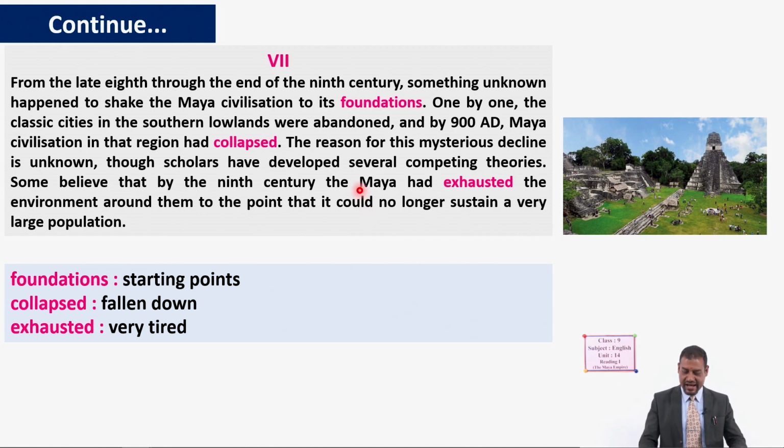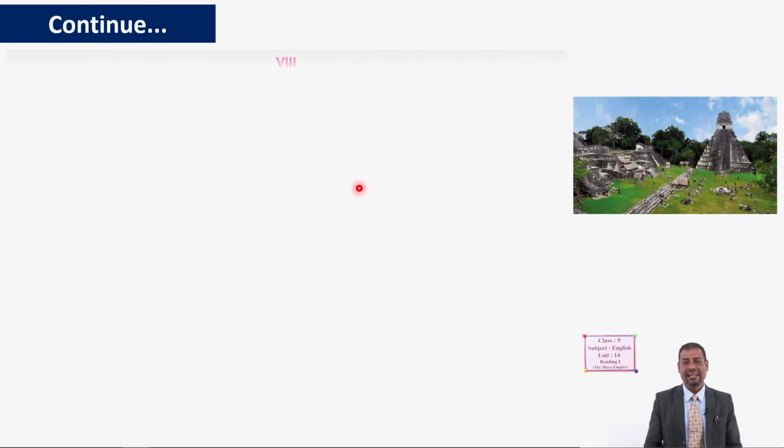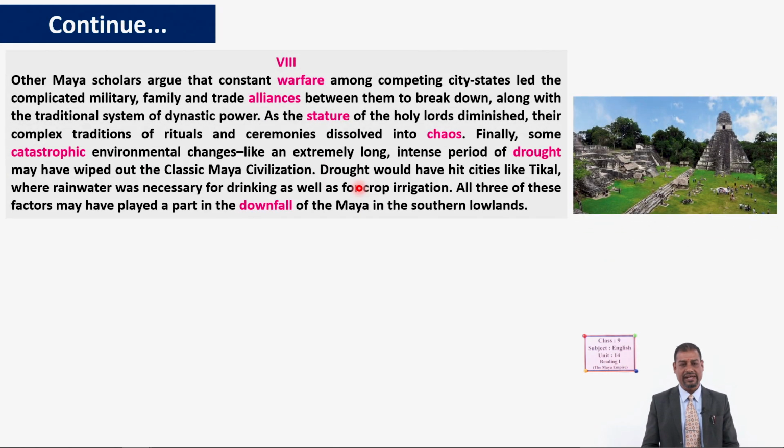So now we are in the last paragraph of this text. So without any delay, let's read it with me. The Maya scholars argue that constant warfare among competing city-states led the complicated military, family and trade alliances between them to break down, along with the traditional system of dynastic power. As the stature of the holy lords diminished, their complex traditions of rituals and ceremonies dissolved into chaos.